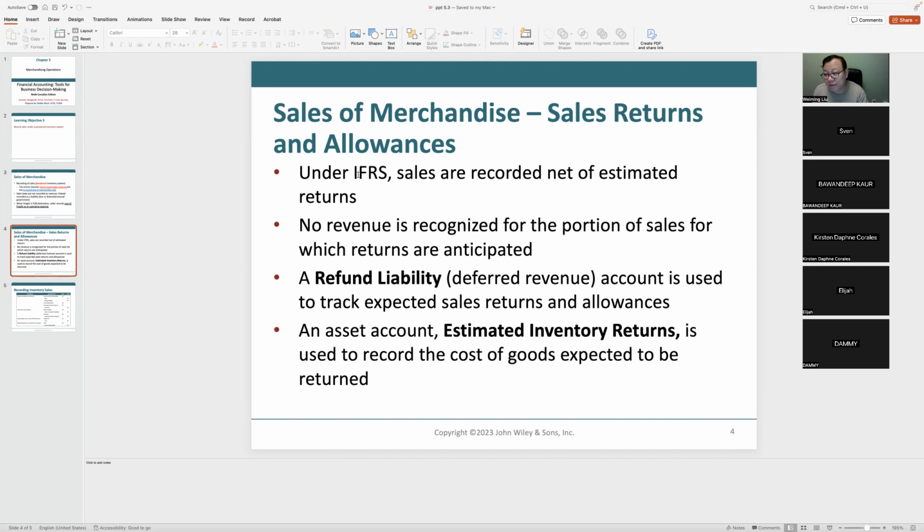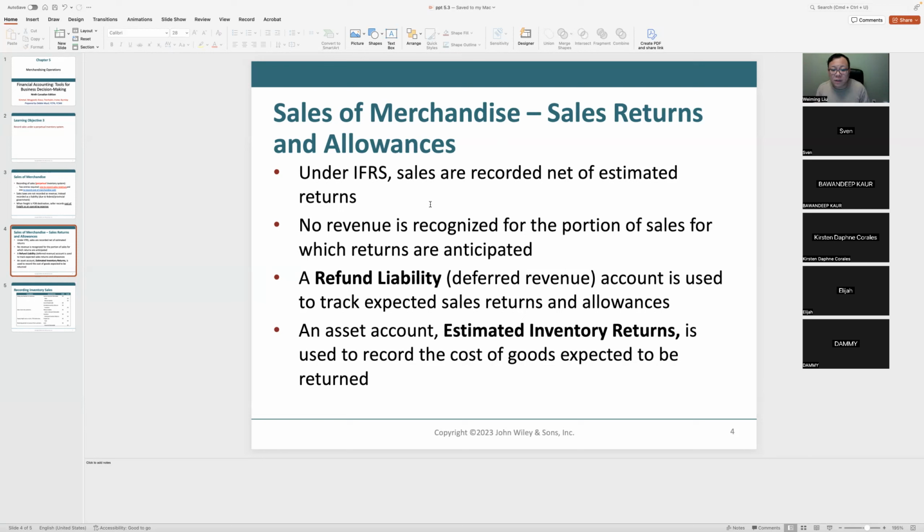If they are using IFRS, International Financial Reporting Standards, the sales should be recorded net of estimated returns. That means they should not record it as 10,000. Instead, they should consider the net, right? If they estimate 2% of sales returns, they should only record 98% of the sales. So they should record 9,800 instead of 10,000.